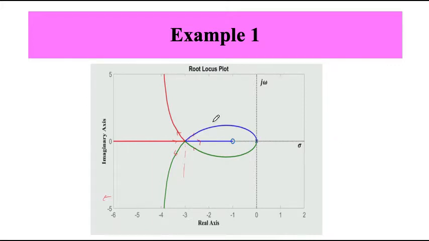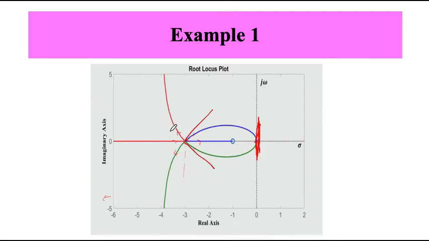This is how it goes. I start here. They are departing at an angle tangent to the imaginary axis. They are arriving at 60, 180 and minus 60.